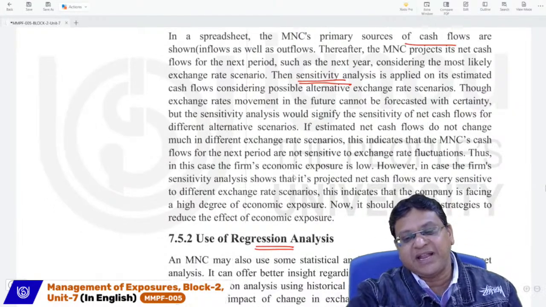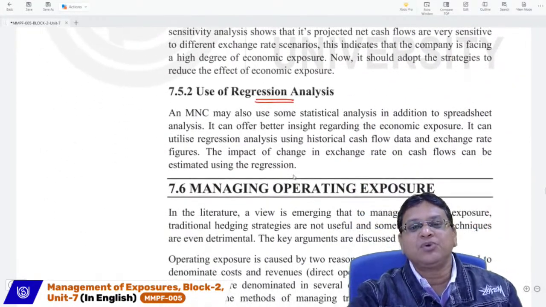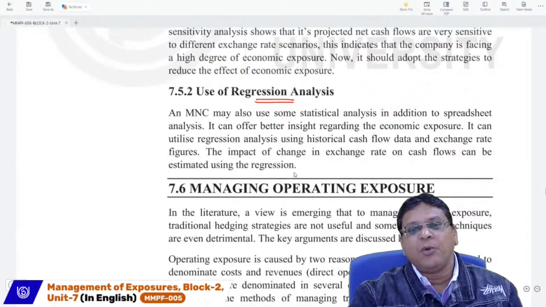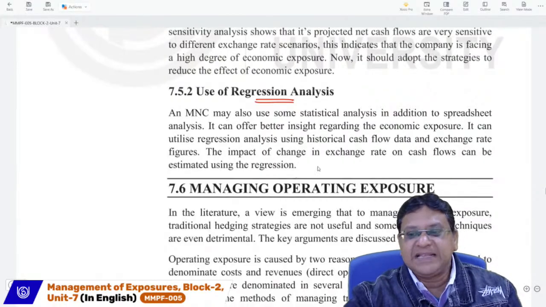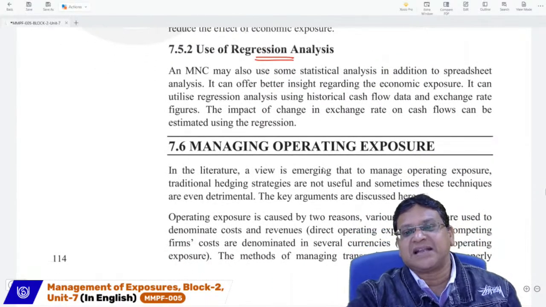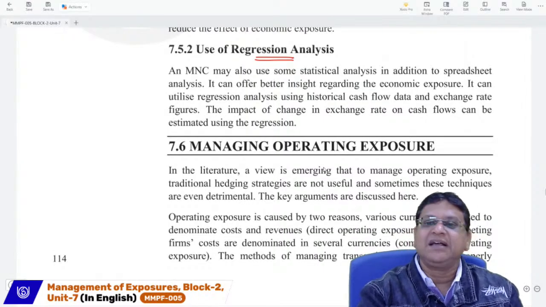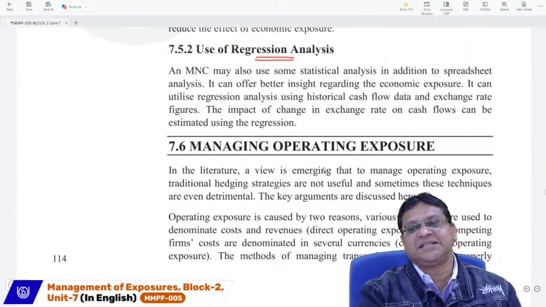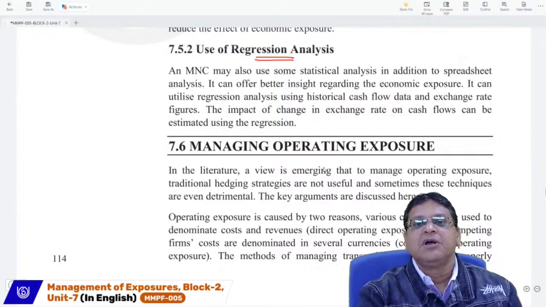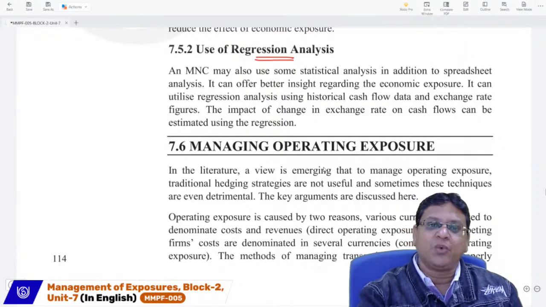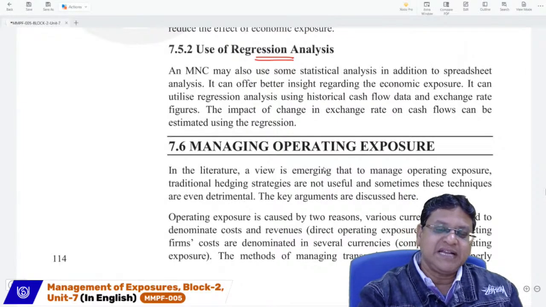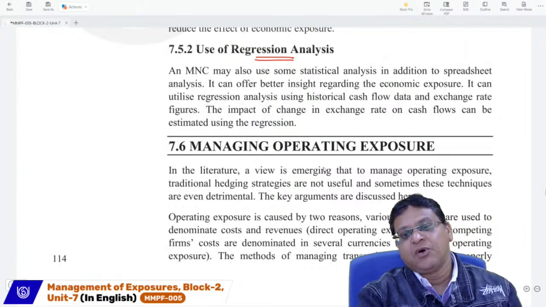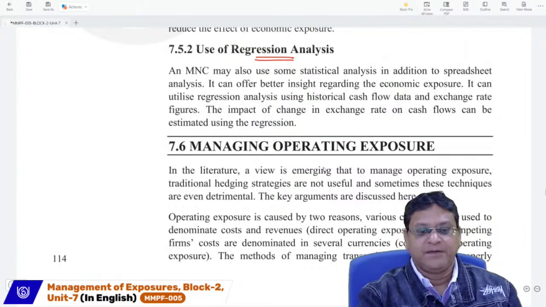With regression analysis, we find out the exact amount of operating risk by analyzing the past data. We take past data and forecast the future on the basis of past data and find out the extent of operating risk or operating exposure.